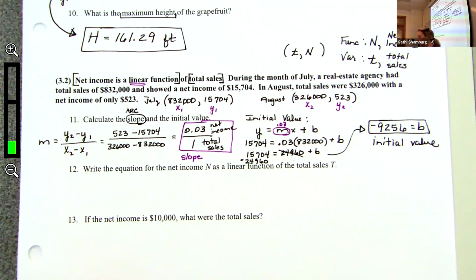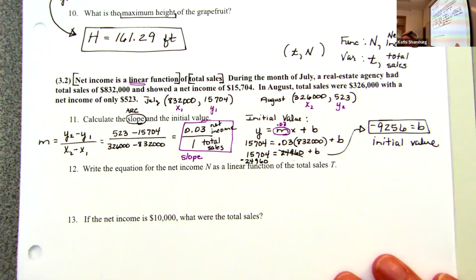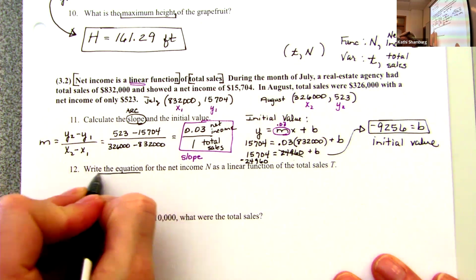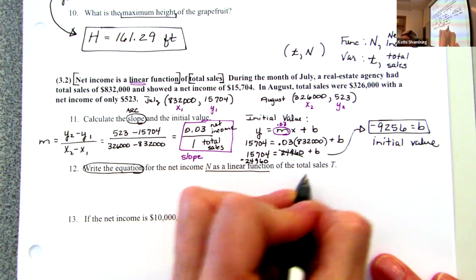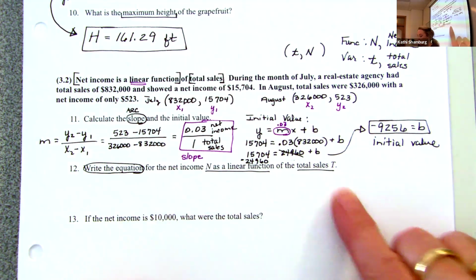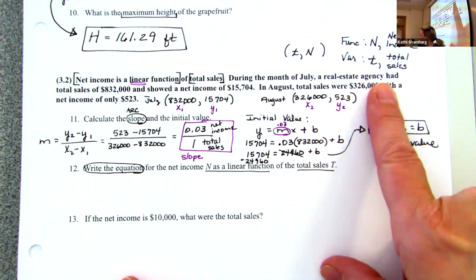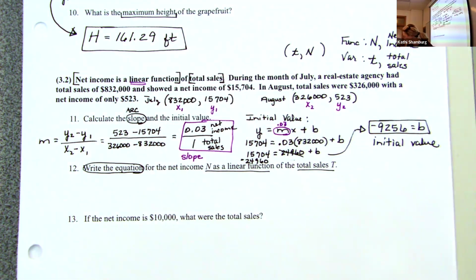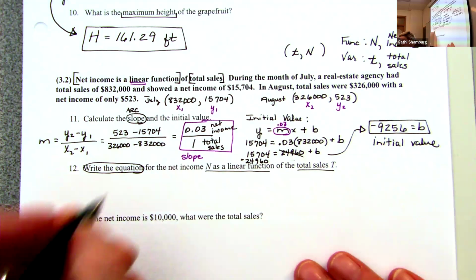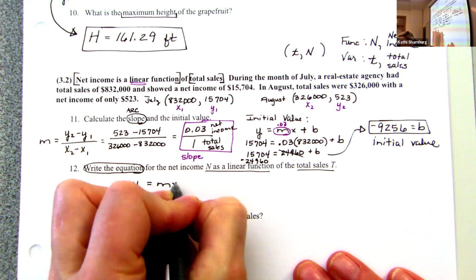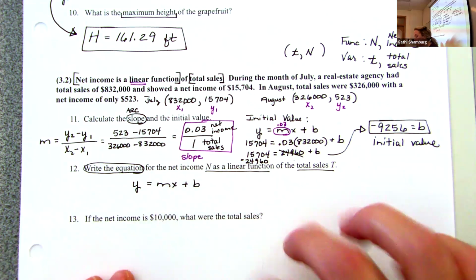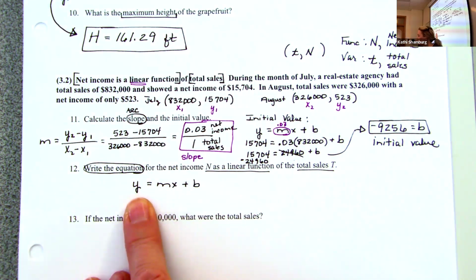Okay, now these are the two things that we need in 12 where it says write an equation for n as a linear function of the total sales t. Now notice t is capitalized. We did lowercase. That's fine. We're just going to leave it lowercase. Okay, so again, it's a linear equation which we know originates from y equals mx plus b. Y is my function.